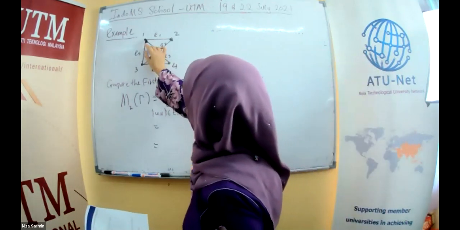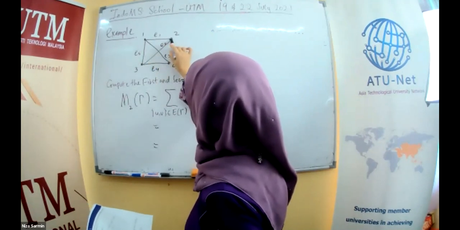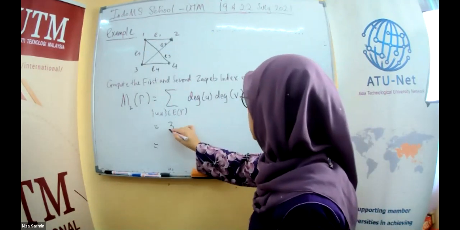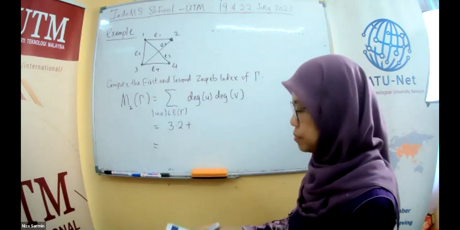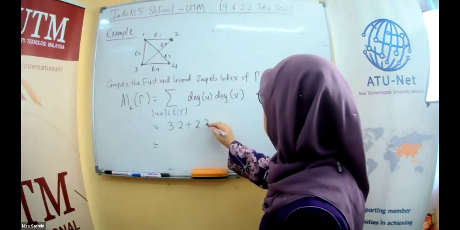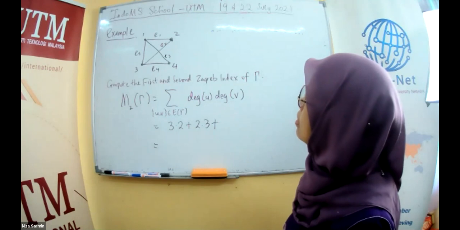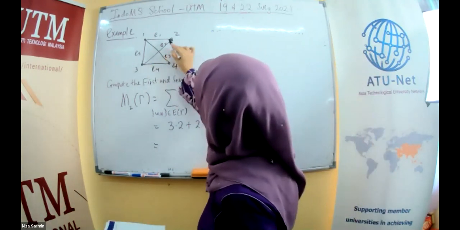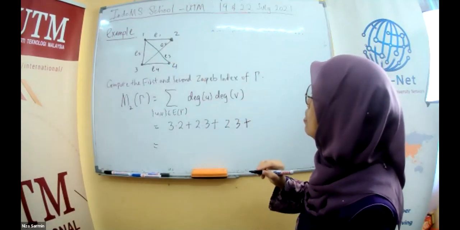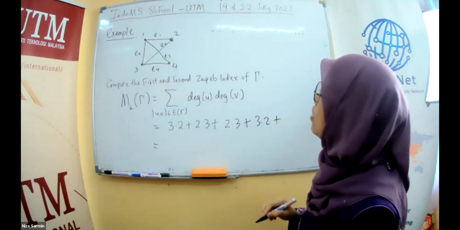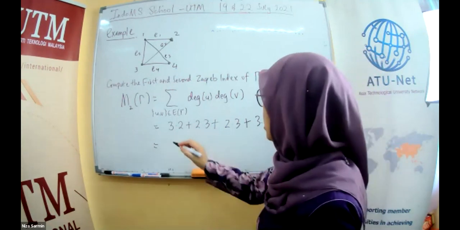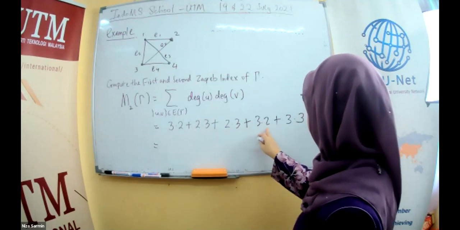For example, with E1, you have to choose degree 1 and degree 2. That will be 3 times 2. And E2, 2 times 3. E3 is 2 times 2. E4, 3 times 2. E5, 3 times 3. The answer is 30.